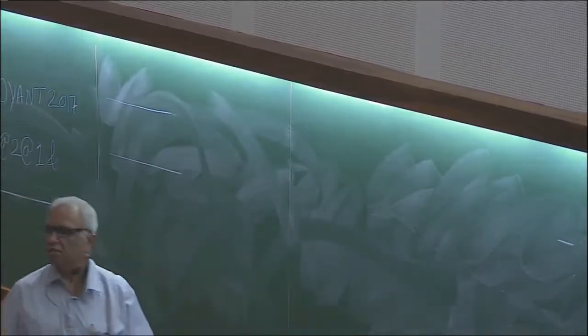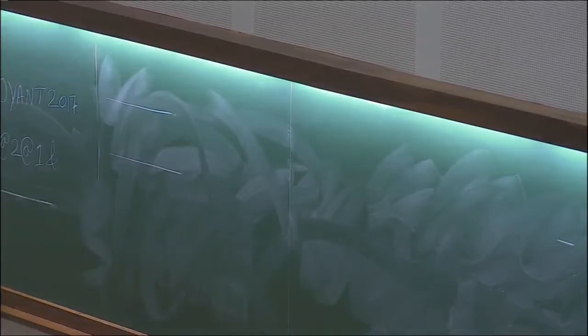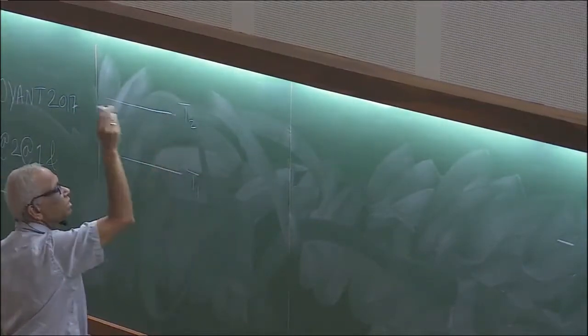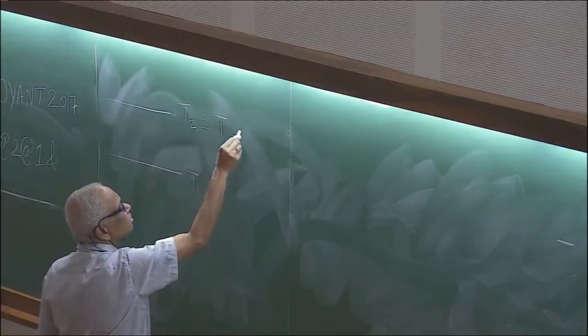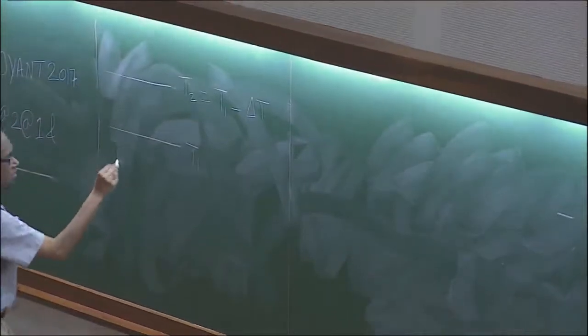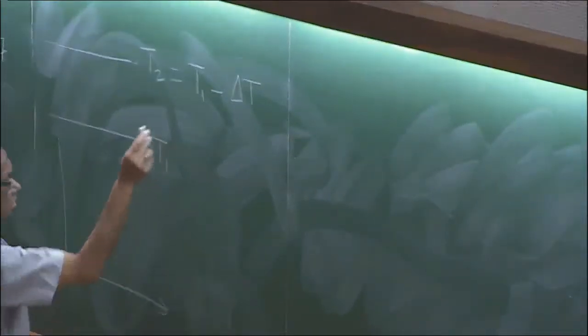All right, so there is this convective layer. I have a temperature T1 on this plate. I have a temperature T2 over here, which is T1 minus delta T. This direction is Z. I have a T versus Z plot over here.